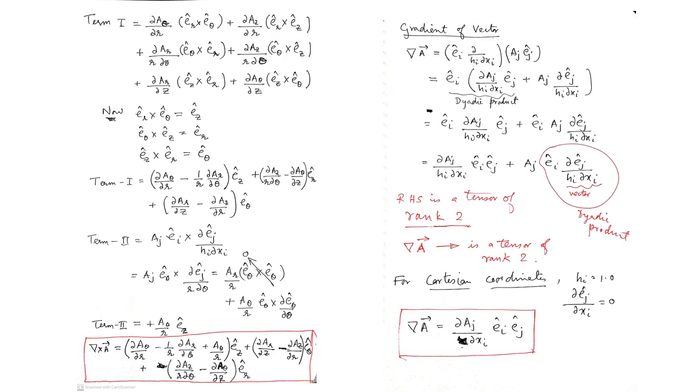So in the next step I have written a_j, and i is fixed as theta. So e_theta cap cross ∂/∂theta of e_j cap, and of course the corresponding scaling factor is 1 over r. So we are now only requiring the summation of the repeating index j. Now again, even if you sum it, the sum means over r, theta and z.